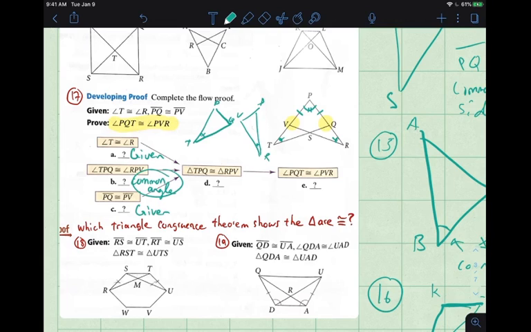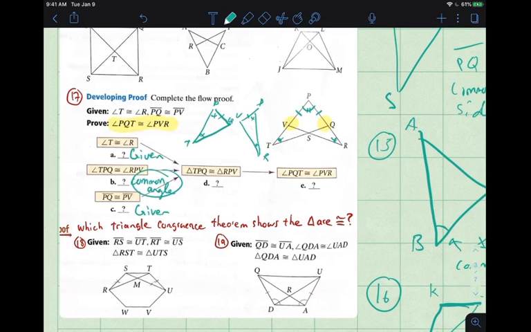P, Q, okay, P, Q, R, V, and angle P. Oh, nope, I was wrong. It's not ASA. It is AAS. Because as I separated them, it became clear it wasn't ASA, because the side wasn't in between the two angles, and that's what I was trying to confirm.